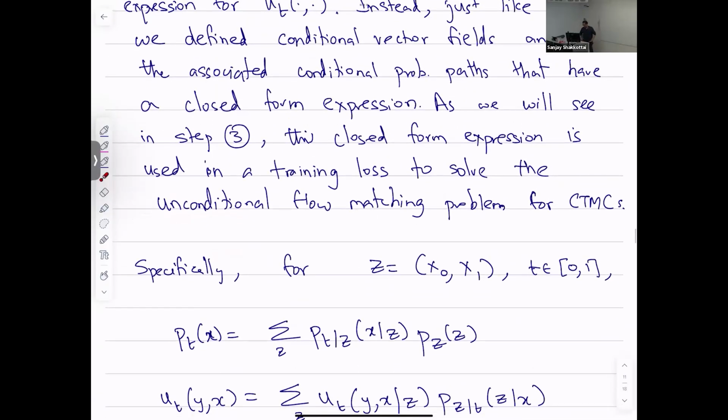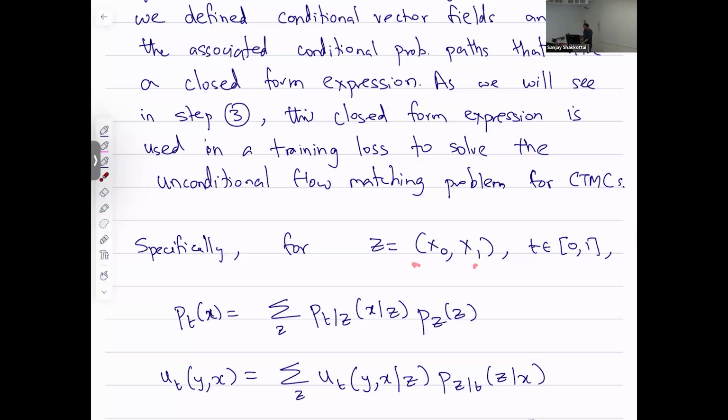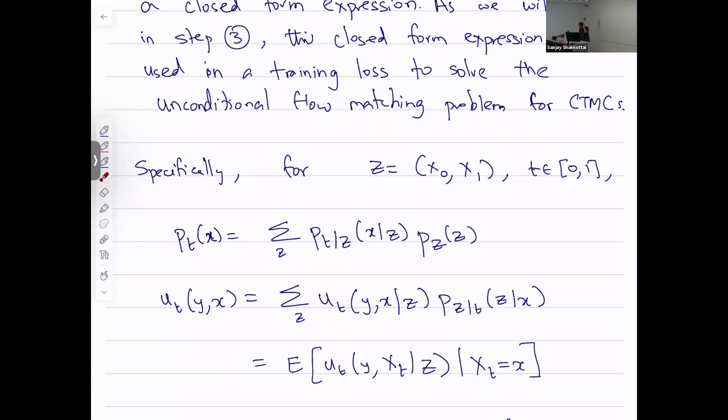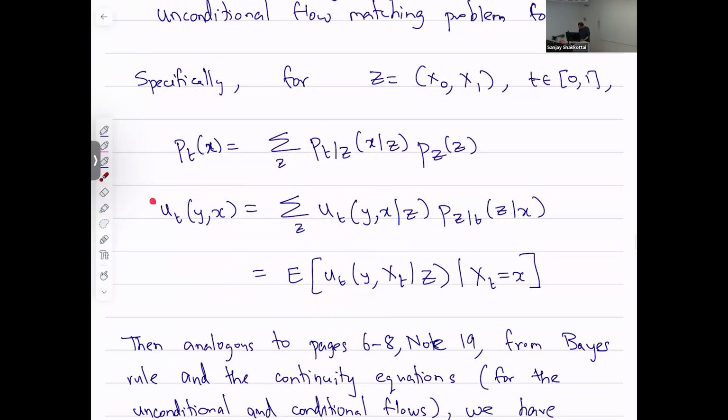Okay. So for Z is x0, x1, then by the total probability theorem, the marginal PMF at time t is the conditional times the marginal of Z. And we can write the unconditional velocity field as the expectation of the conditional velocity field, conditioned on xt equals x, summation over Z. Yeah, correct.